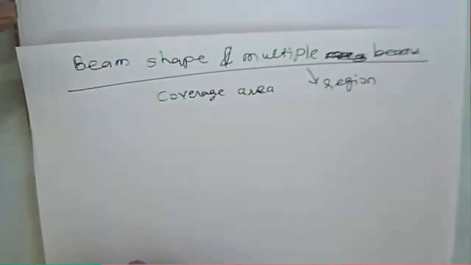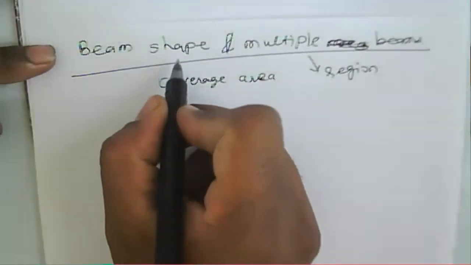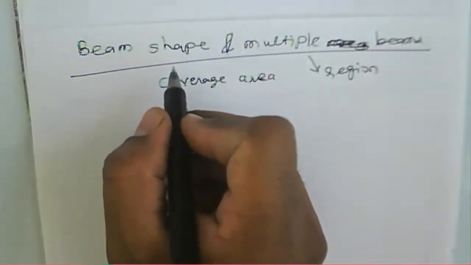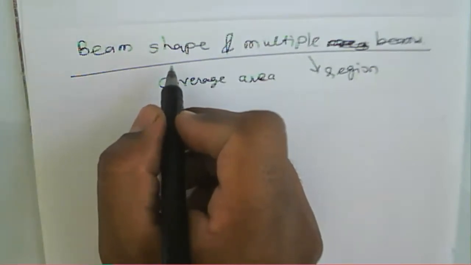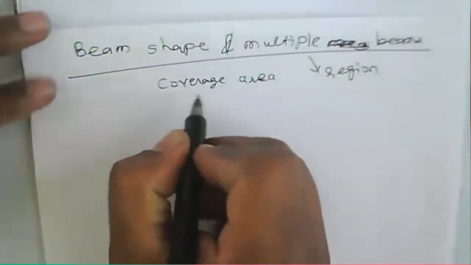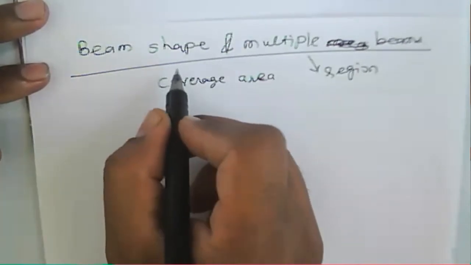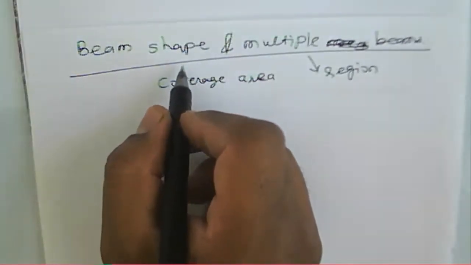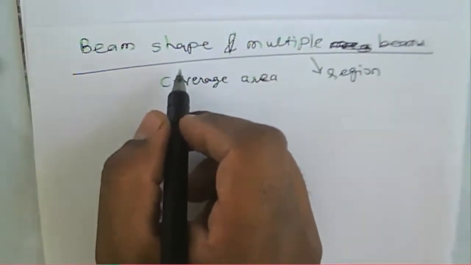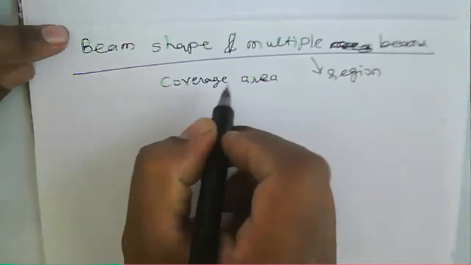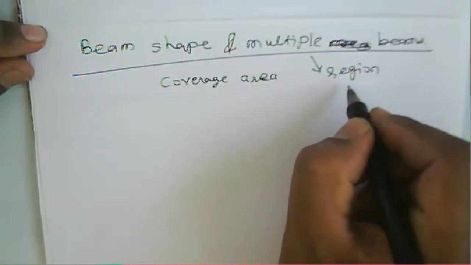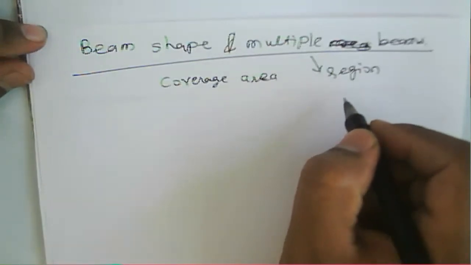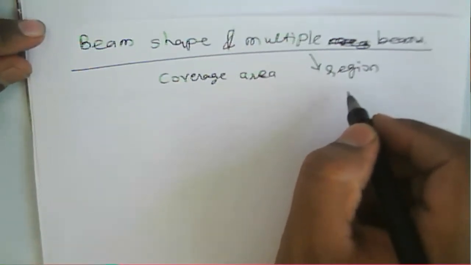It depends totally on the shape of the body of that particular beam. So we should know the coverage area of that antenna, or how many multiple beams are propagating through the antenna.